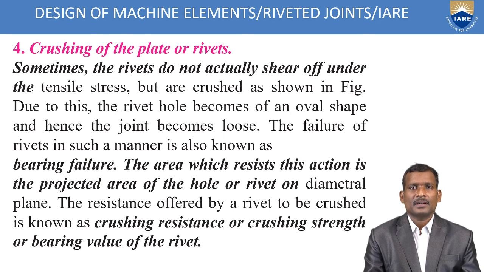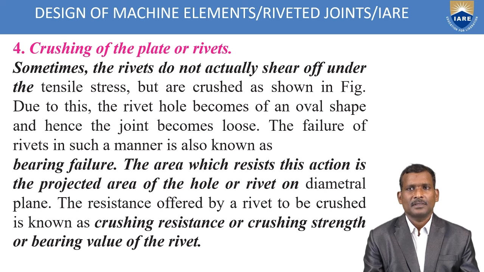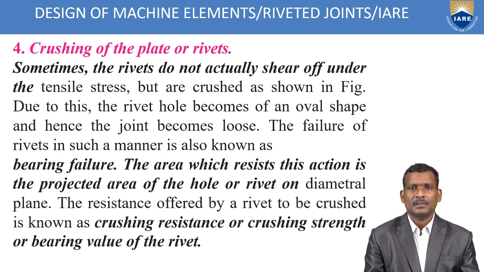Next failure is crushing of the plate or rivets. Sometimes crushing occurs at the plate edge and sometimes rivets are crushed. Sometimes the rivets do not actually shear off under the tensile stress, so they get crushed.